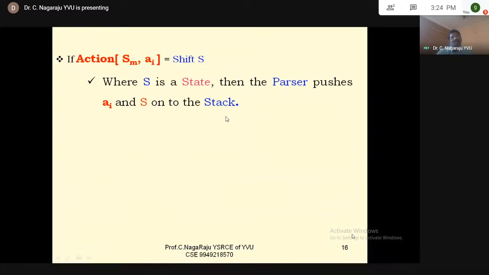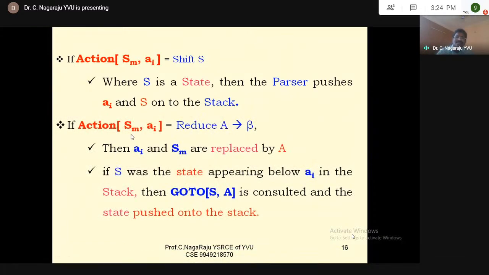Suppose action of SM comma AI is equal to reduce, that is A tends to beta. SM is the top of the stack and AI is the input string character. Reducing simply means the productions are replaced with the non-terminal.